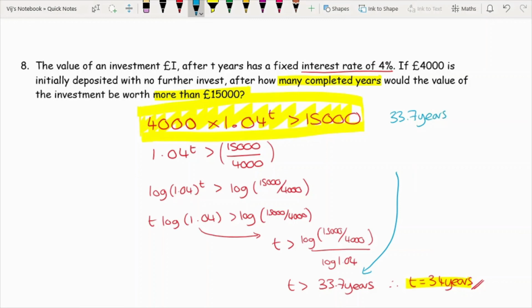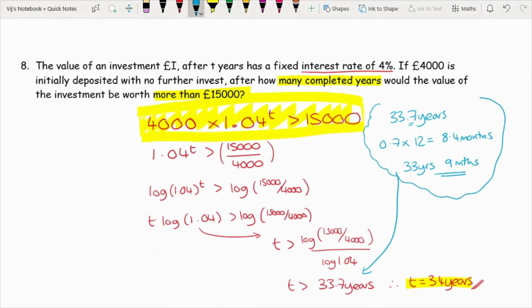To get this in months, I take the decimal part, because I know there are 33 completed years, so 0.7 times 12, because there are 12 months in a year, equals 8.4 months. So to the nearest month, it would be 33 years and 9 months. But this question just asks for completed years, so an answer of 34 would be the correct answer.